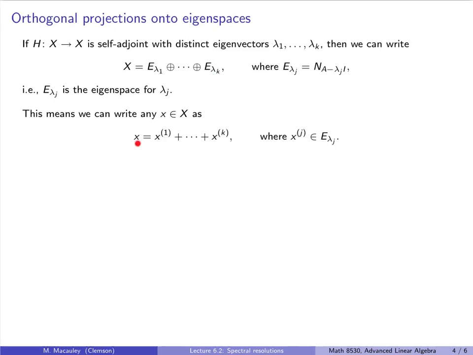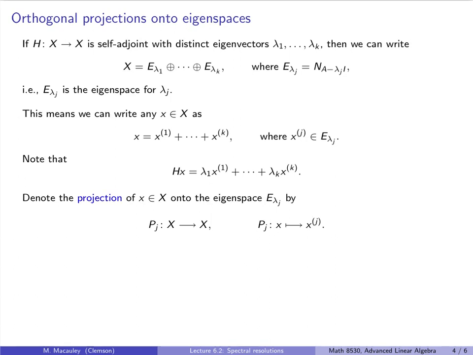In other words, x equals x1 plus up to xk, where xj is in E lambda j. Notice that if we apply H to x, then we get lambda 1 x1 plus ... lambda k xk.